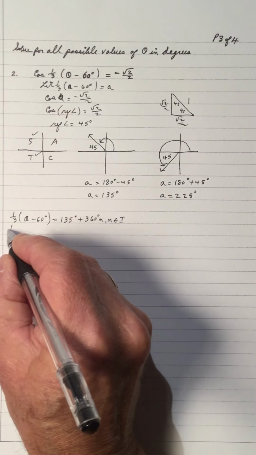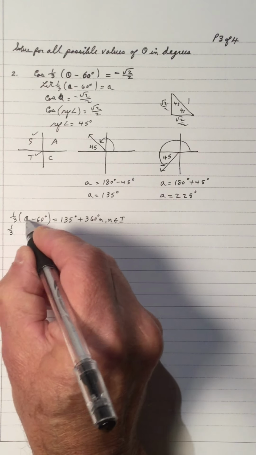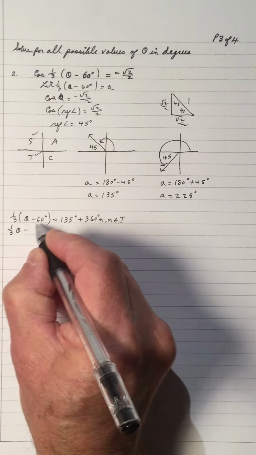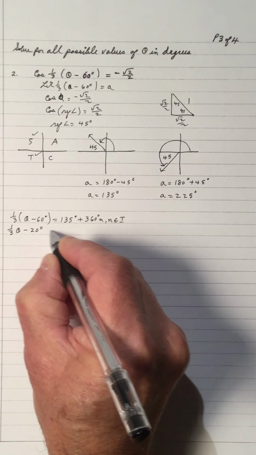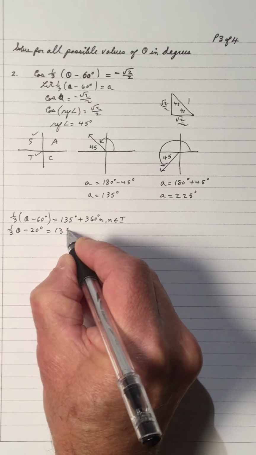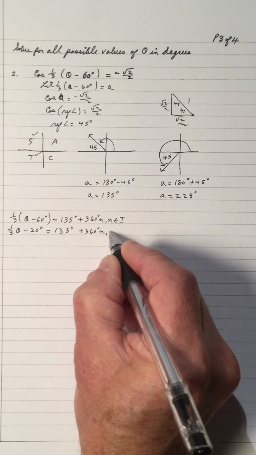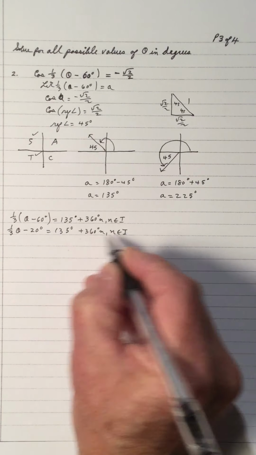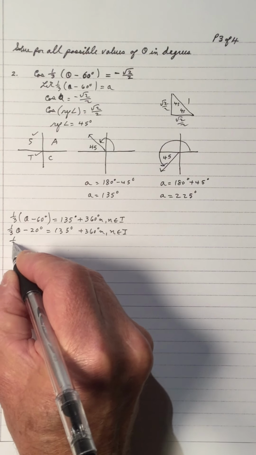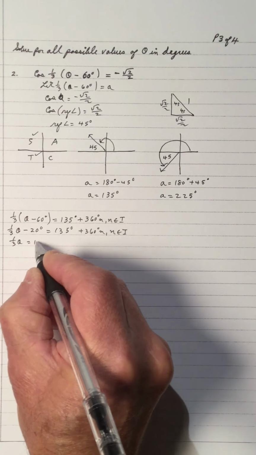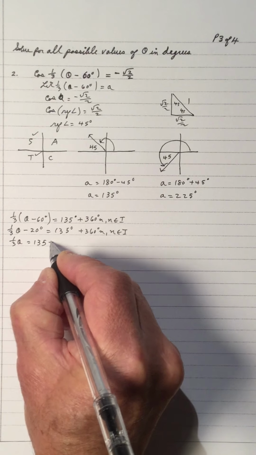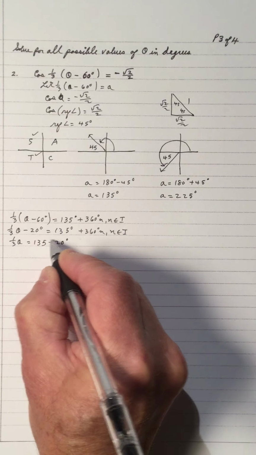So we take our time and work that down. 1/3 times theta. 1/3 of 60 is 20. And just write the rest of this out. And we move the 20 over. Make it a positive.